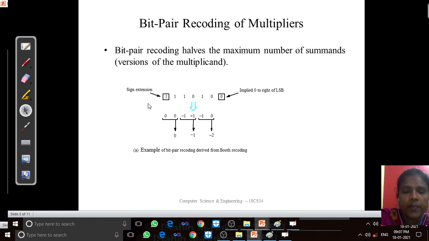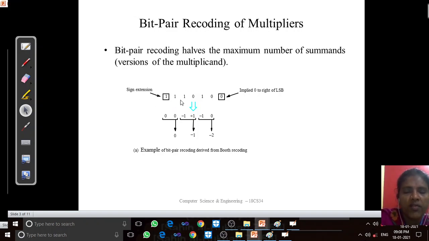Let us see here. The multiplier is 11010. The square box you see here is the initial 0, which is the implied 0 to the right of the LSB. You can always take the implied bit for the given multiplier as 0. And how about the sign extension?